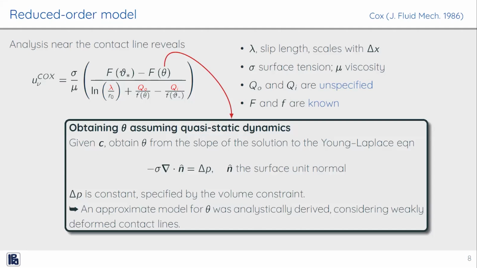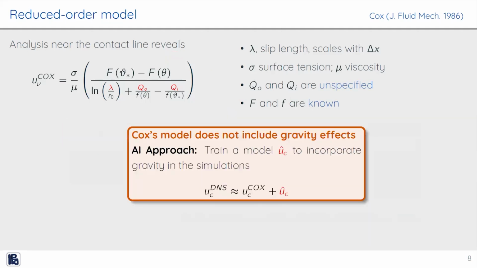So we are able to calculate this reduced order model, but as you can see, it has no knowledge of gravity. So our approach here is to train an AI model that introduces gravity once we add it to the reduced order model by Cox. And adding these 2 components together, we want to be able to approximate the DNS velocities.